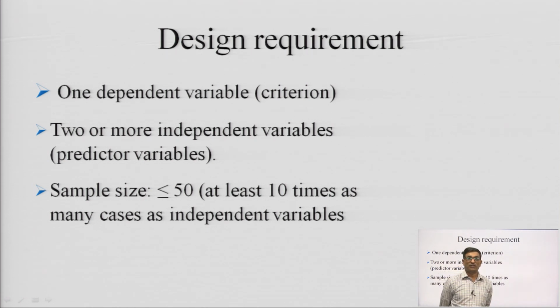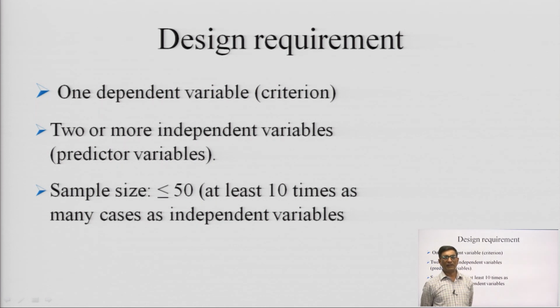The third important thing for multiple regression is the sample size. The sample size is generally less than or equal to 50, but when we calculate the sample size for multiple regression, it should be 10 times as many cases as independent variables.